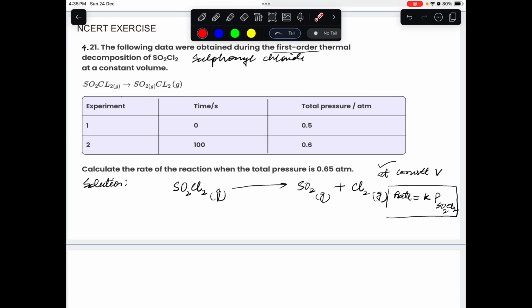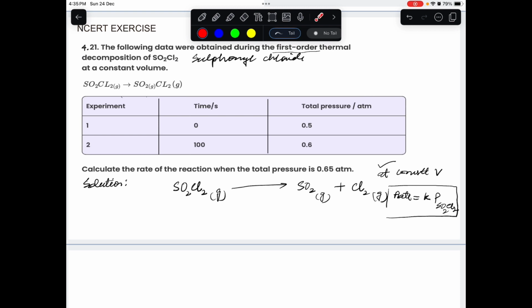One is at time 0 and another one is at 100 seconds. And at two conditions, they have given the value of total pressure. Okay, the container in which the reaction is conducted, in that container, pressure at these two intervals of time has been given. What we have to calculate is the rate of the reaction when the total pressure is 0.65 atmosphere.